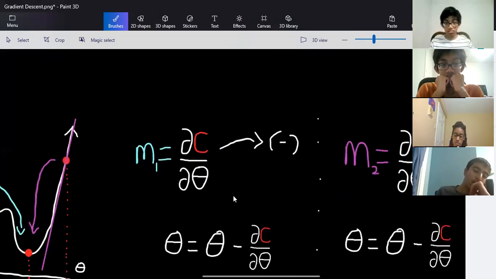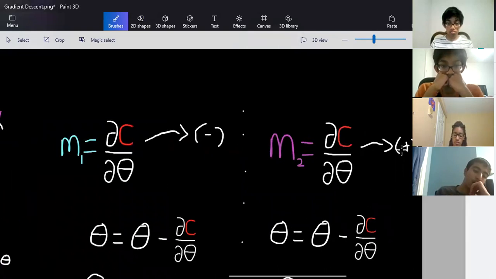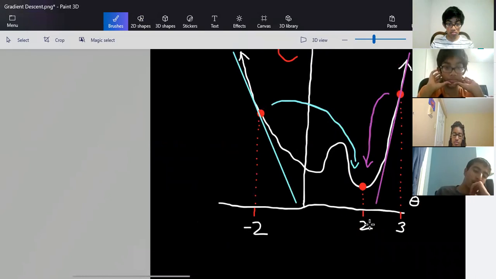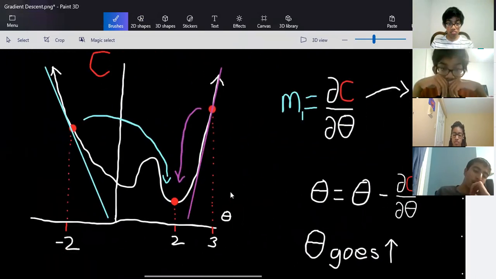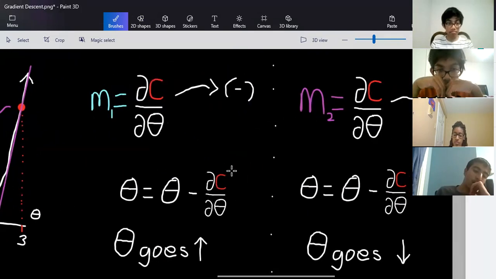Over here, I'm doing the same thing, but in this case the derivative, the slope, is positive. So this time I'm making theta smaller, and that's what I want to do. So that is the essence of gradient descent.